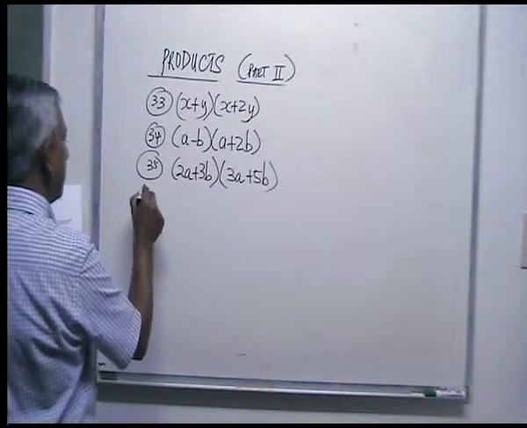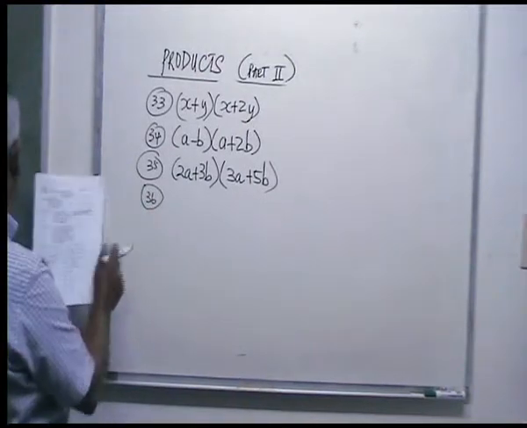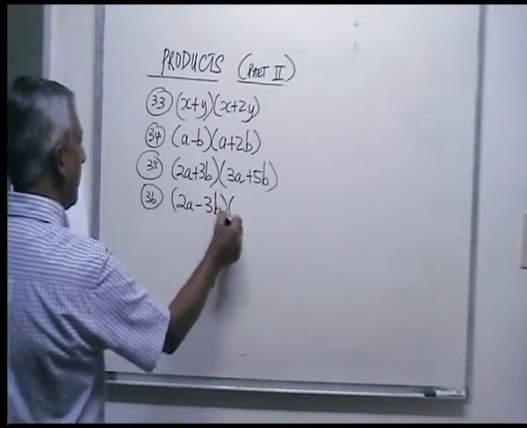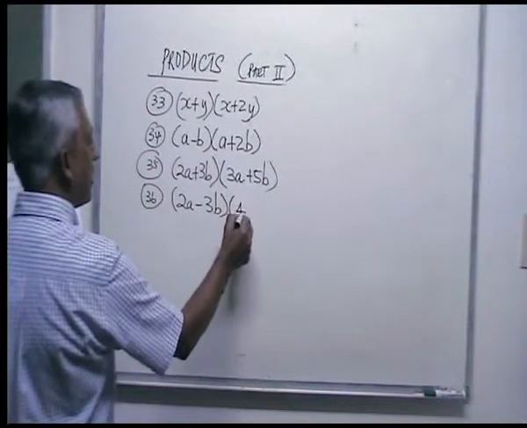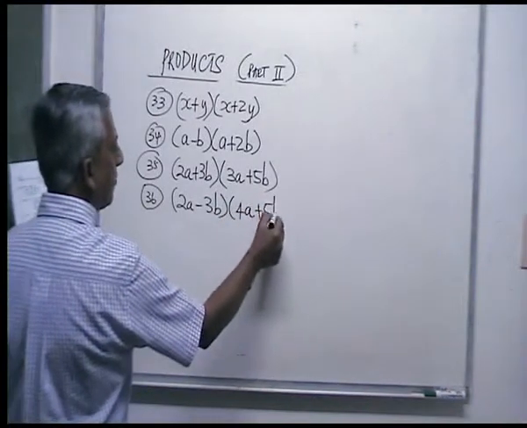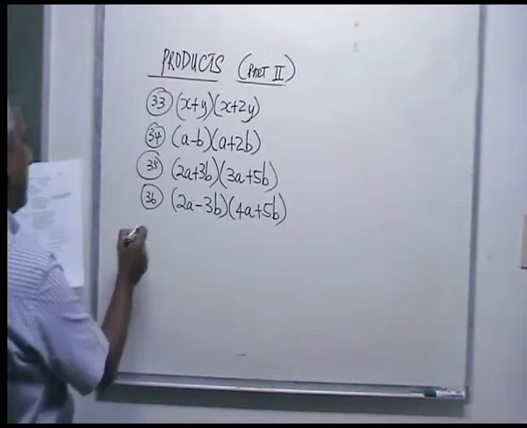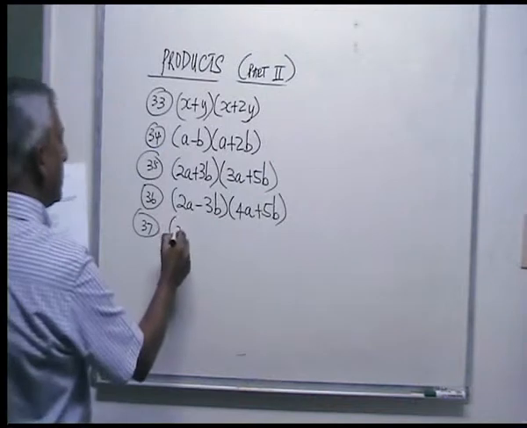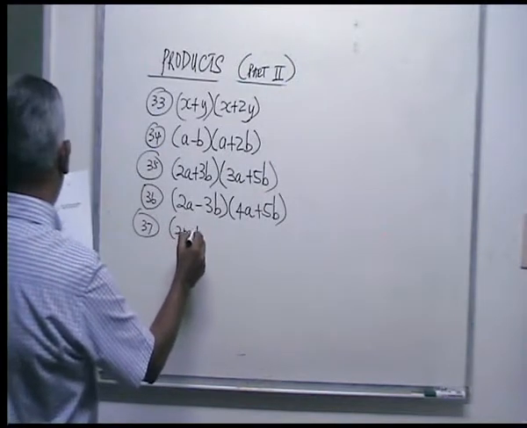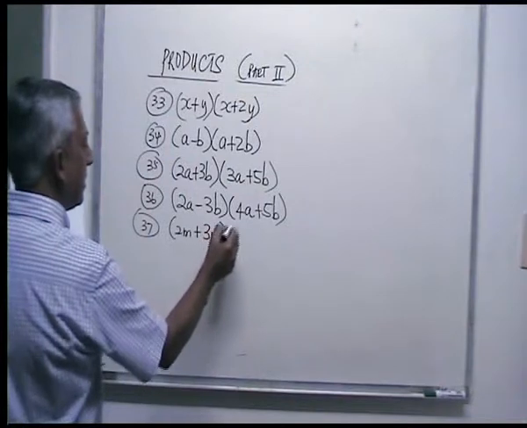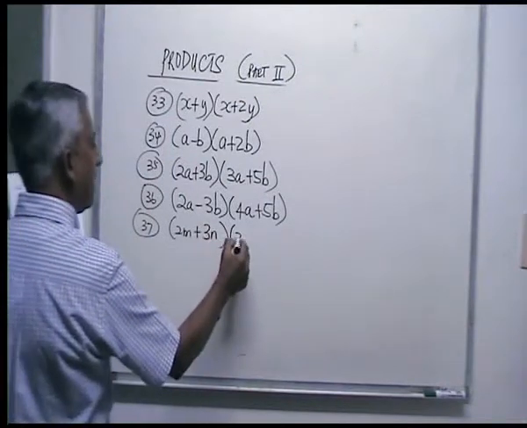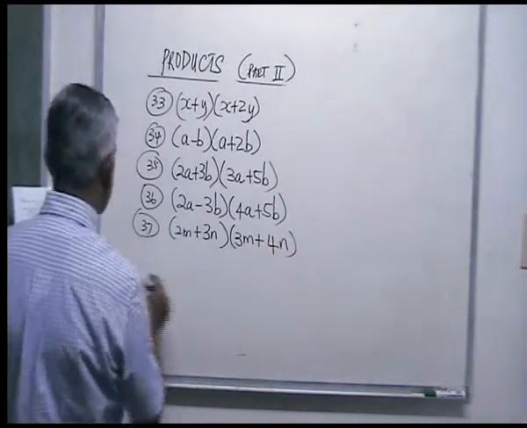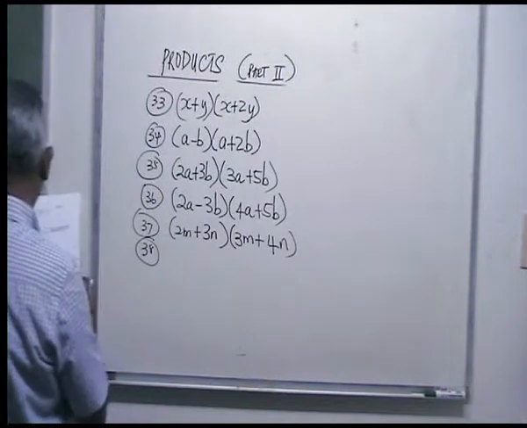Number 36, 2a minus 3b into 4a plus 5b. Number 37, 2m plus 3n into 3m plus 4n.